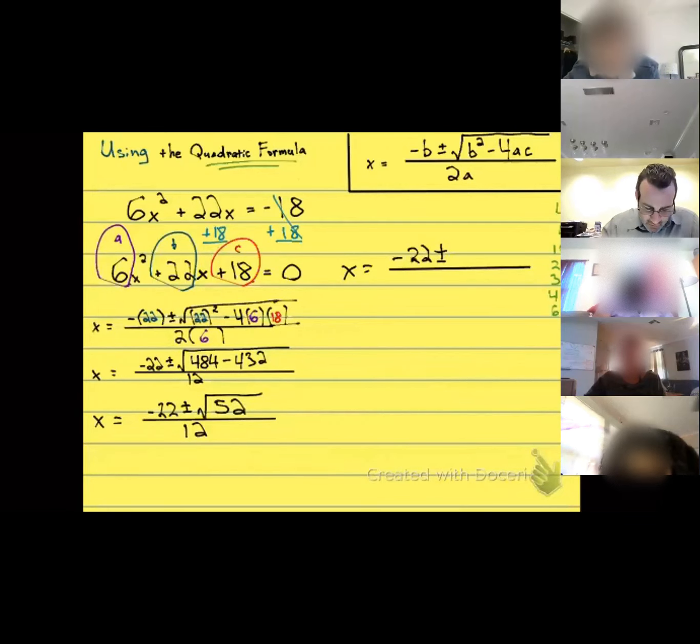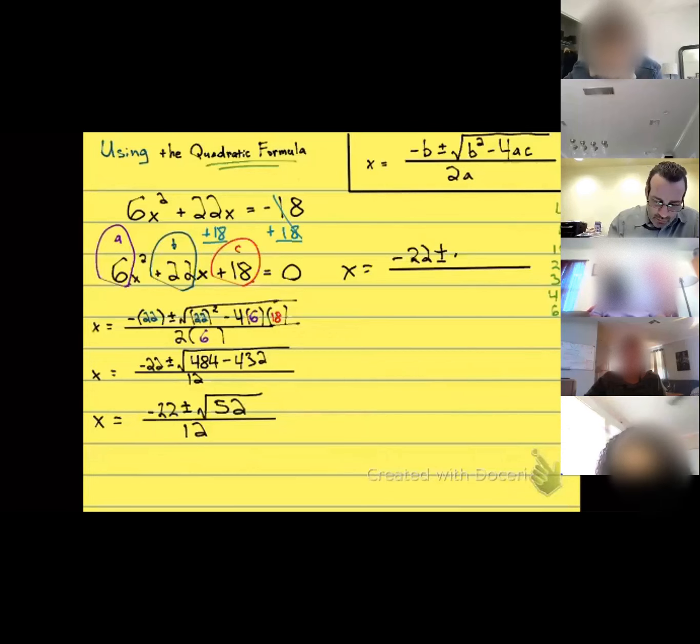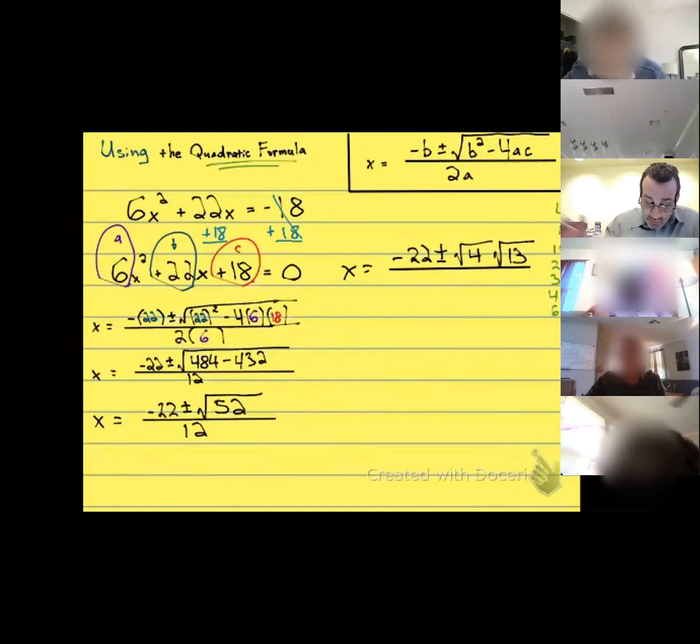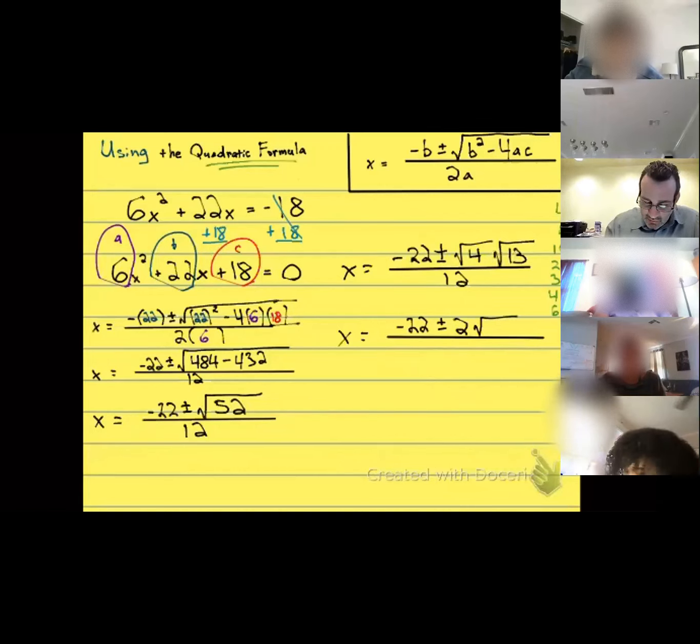Now the square root of 52 is the square root of 4 times the square root of 13. And the reason I did that is because I know the square root of 4. It's in my list over here on the right. All right, so another step to do that. I know the square root of 4 is 2. So I have negative 22 plus or minus 2, that's my new step right there, square root of 13 all over 12.